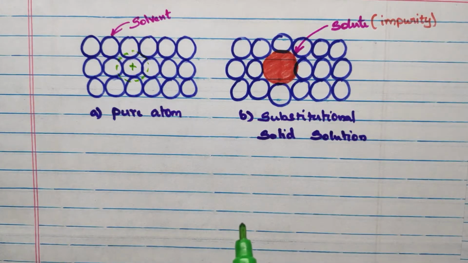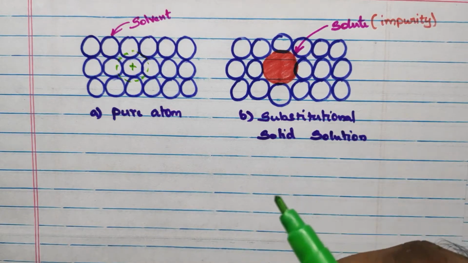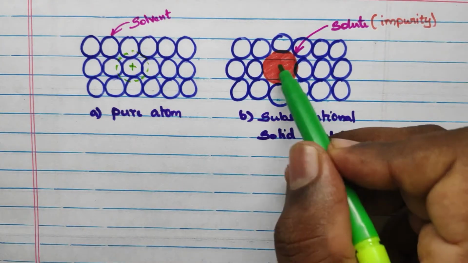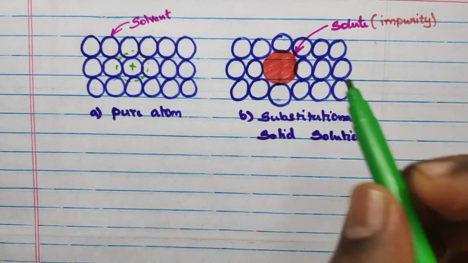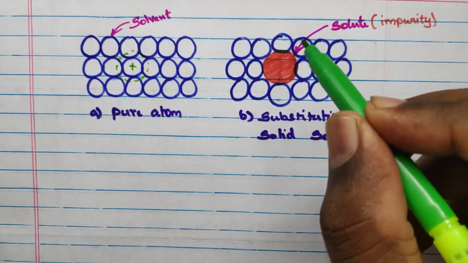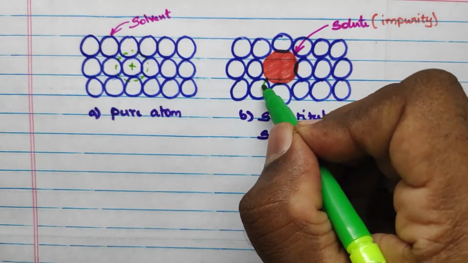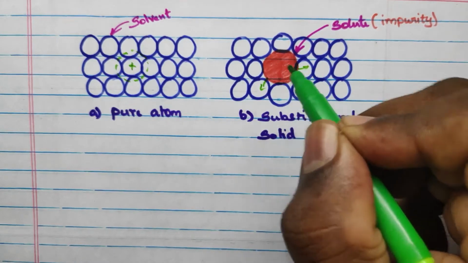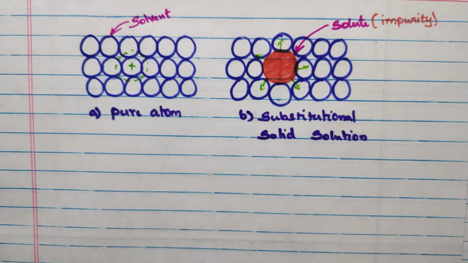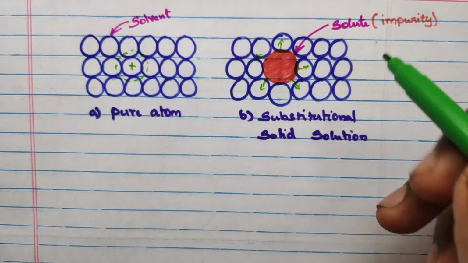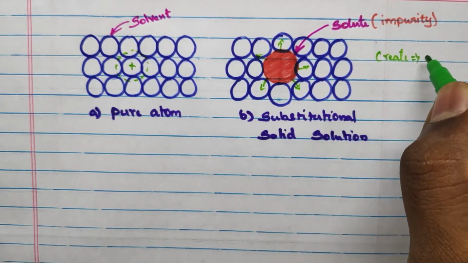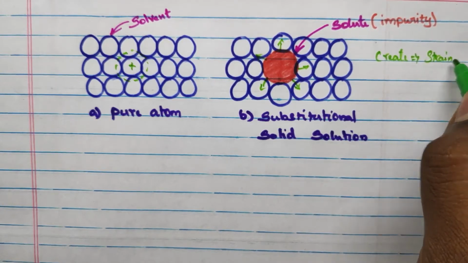While the impurity atom is taking position in the crystal lattice, since the radius of the solute atom is greater than the solvent atom, it moves the nearby parent atoms outwards, so that it creates a strain field.